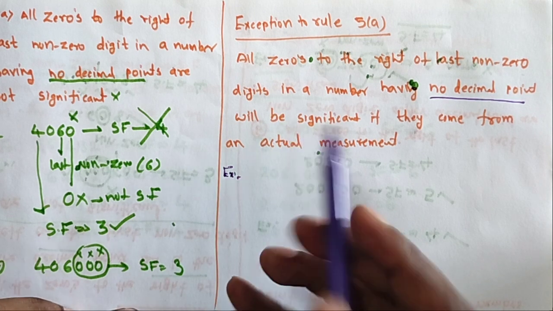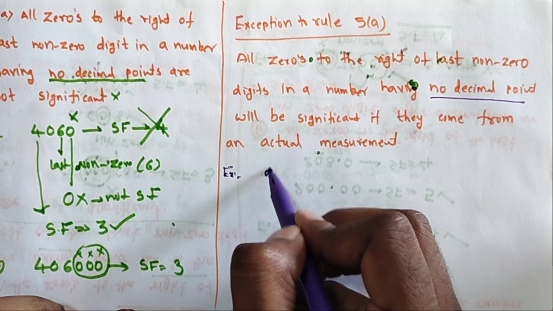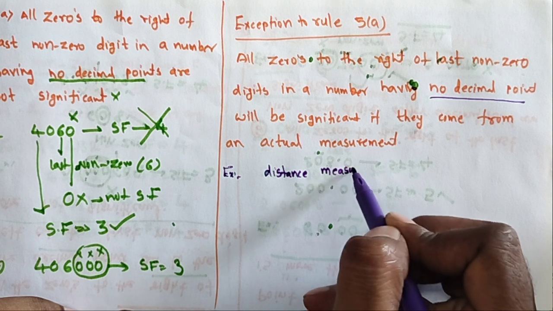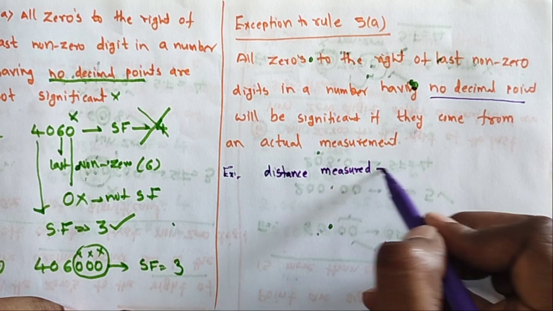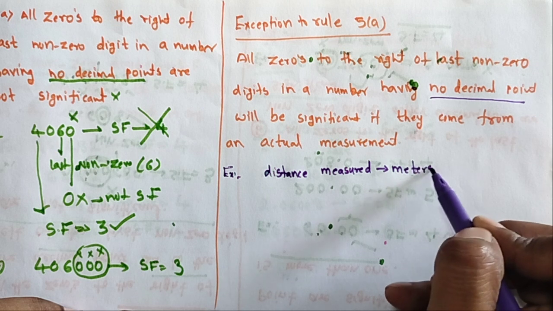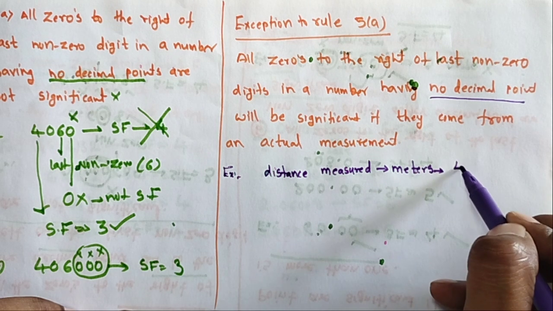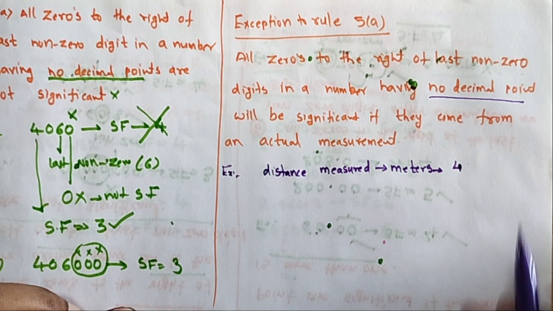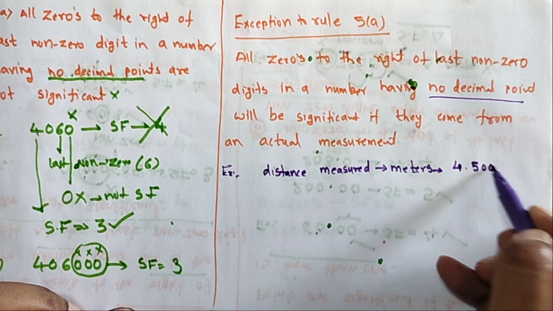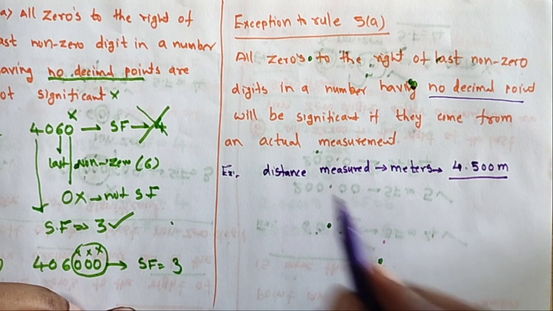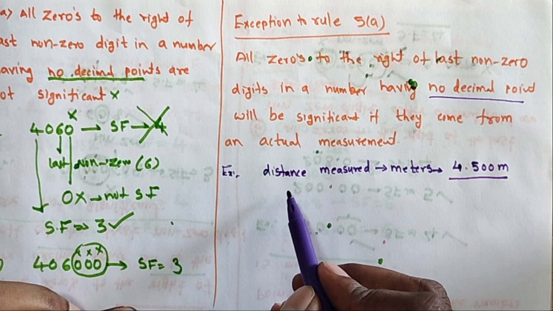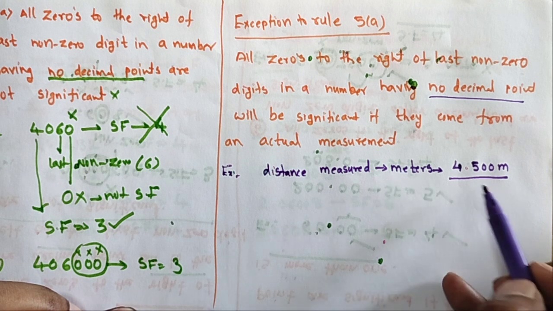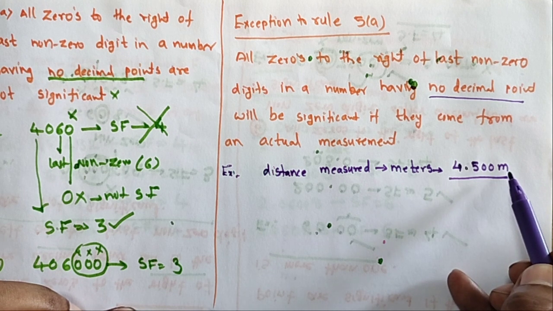For example, suppose a distance is measured in meters, and one student reported 4.500 meters.